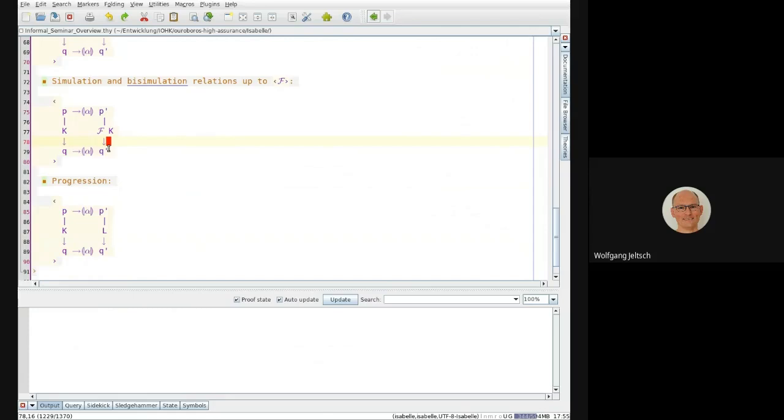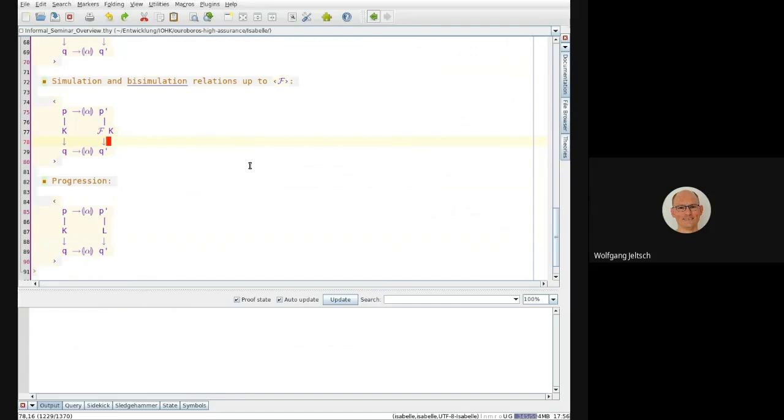They make a step with the same action, and then they end in the same continuation. Then we land at the same process in the same state, and trivially we can go on with the bisimulation game.